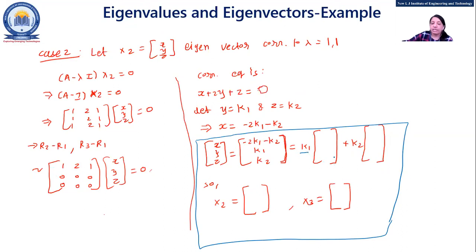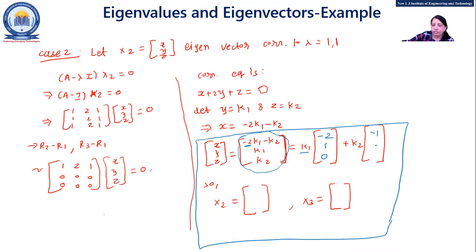Now what we are going to do from this previous one? We'll write the coefficient of k1 here. Important one, coefficient of k1. So here you can find this x. What is the coefficient of k1? Minus 2. So I'll write minus 2. In the second row, what is the coefficient? 1. Here there is no k1, so 0. For k2, in the same way, minus 1.